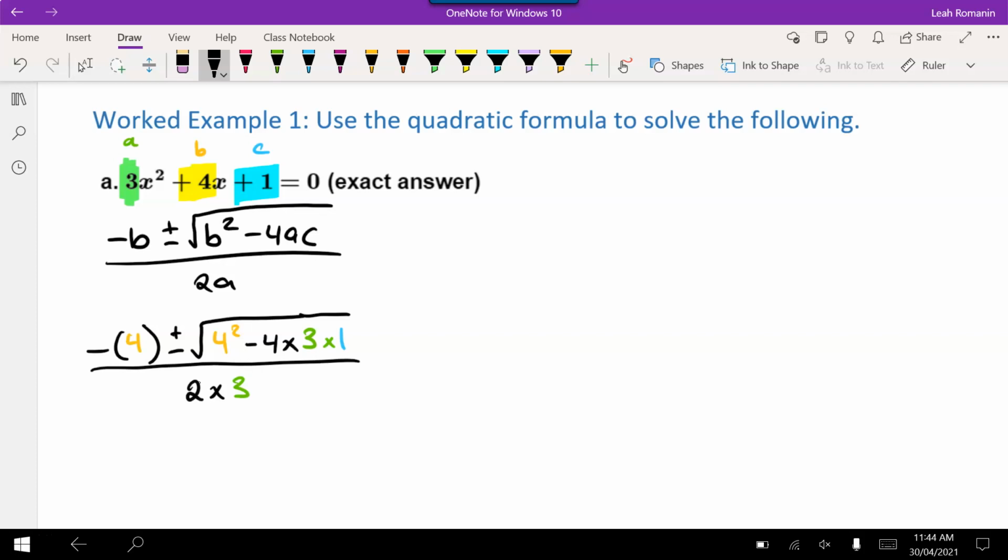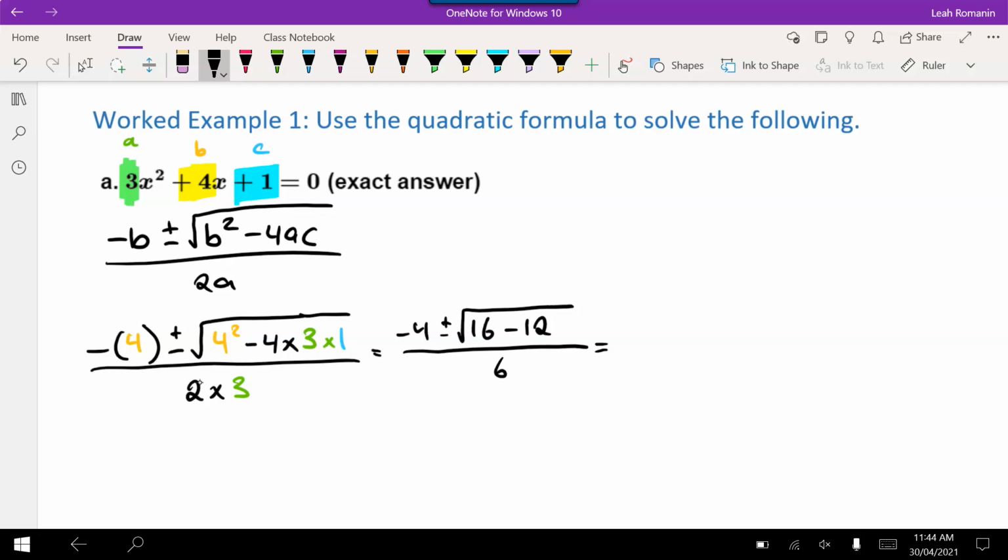So let's simplify everything. Let's make it look a bit neater. So negative 4 is obviously just going to be negative 4 plus or minus the square root. 4 squared is 16. 4 times 3 is 12, times 1 is 12. So I'm going to have 16 minus 12 in there. 2 times 3 is 6.